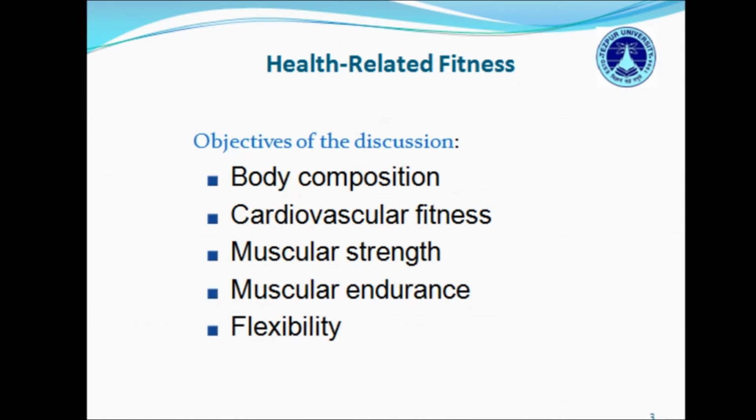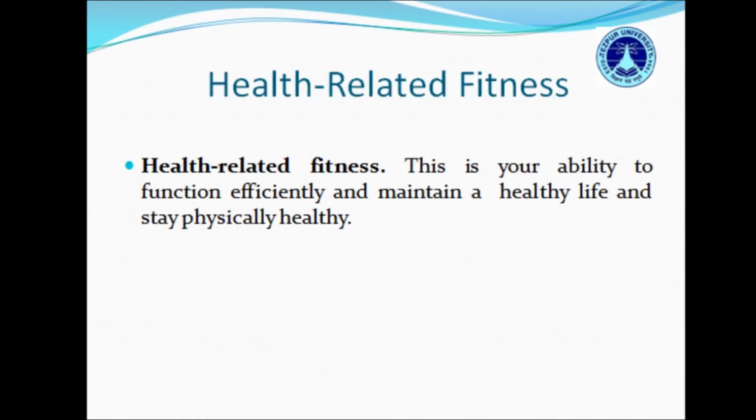Today we are going to discuss health related fitness, and these are the 5 objectives. Let us find out what is meant by health related fitness. This is our ability to function efficiently, maintain a healthy life and stay healthy.